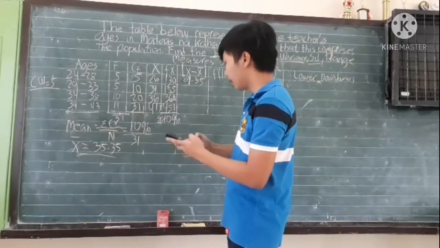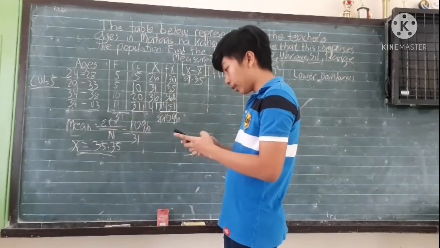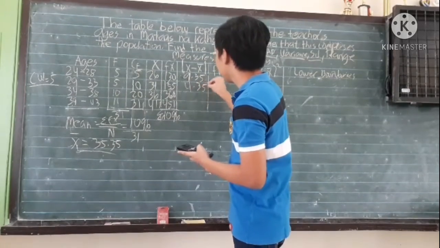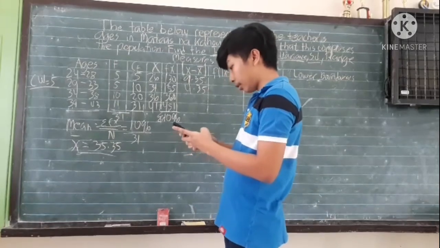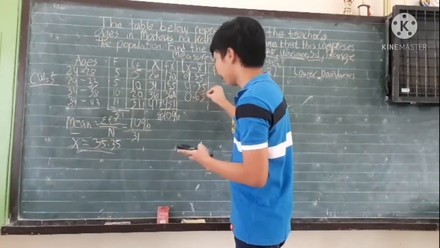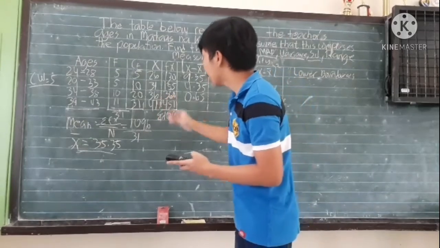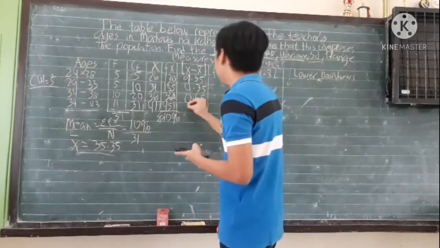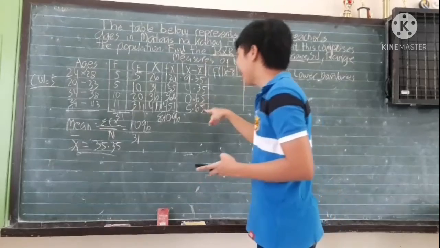Again, 31 minus 35.35 is 4.35. The next one, 36 minus 35.35 is 0.65. And the last one is 41 minus 35.35, 5.65.